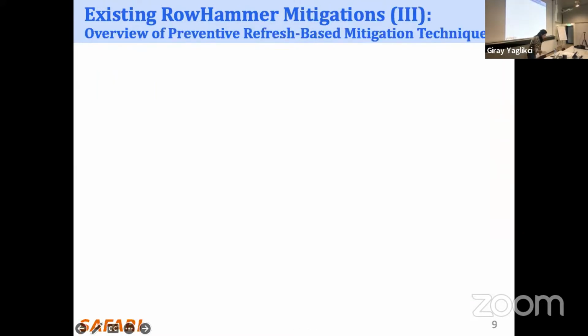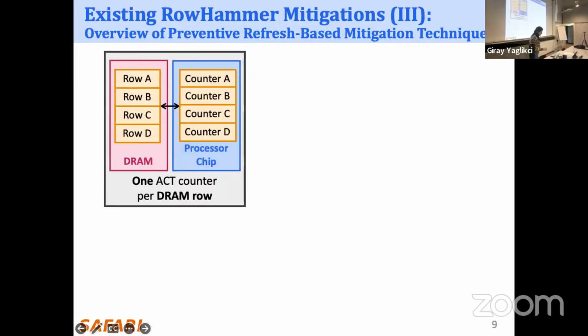Let's look at an overview of approaches to track DRAM row activation counts. The first approach that comes to mind is to allocate one activation counter per DRAM row. Each DRAM row has one counter specifically for it, and whenever a row is activated, we increment its counter. So this gives us the perfect tracking mechanism.